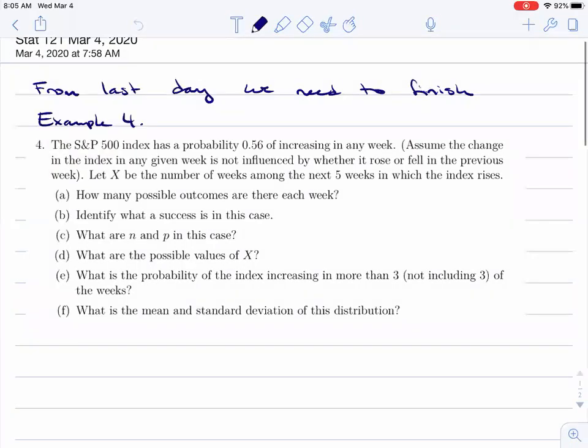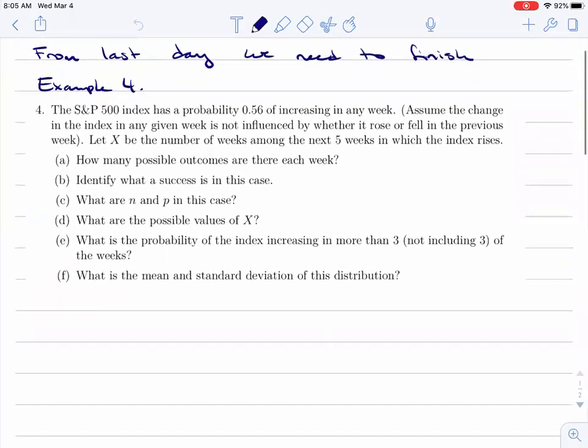So the last question that we didn't have time to do last day was just to find the mean and the standard deviation of this distribution. Now we already said that this is a binomial distribution, and we said that n is 5, right? We're looking at 5 weeks, so we have 5 opportunities for a success, which is an increase.